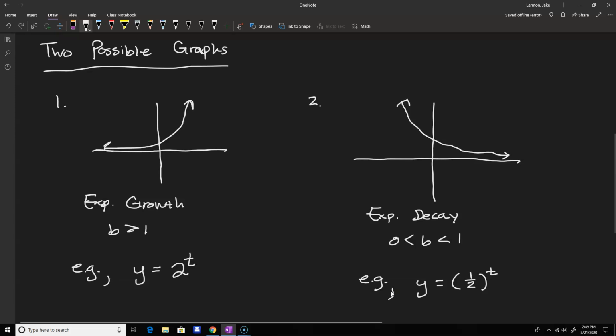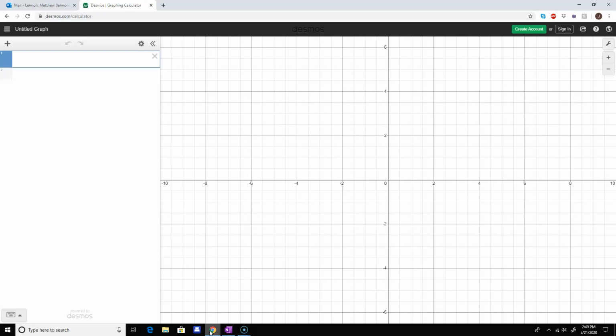So why don't we go to a graphing utility to go ahead and see what those look like. As mentioned, the graphing utility I like, I put it on the syllabus, is Desmos, DESMOS.com. Really nice and easy to use. We can just do y equals 2 to the t power, and we see our graph right there.